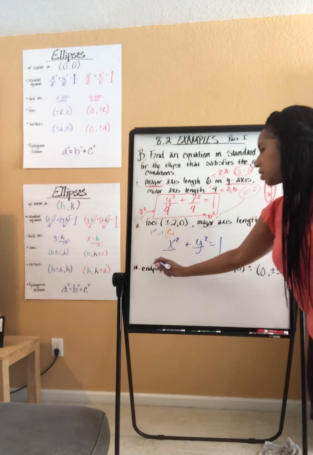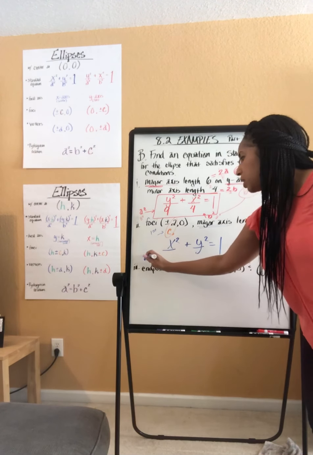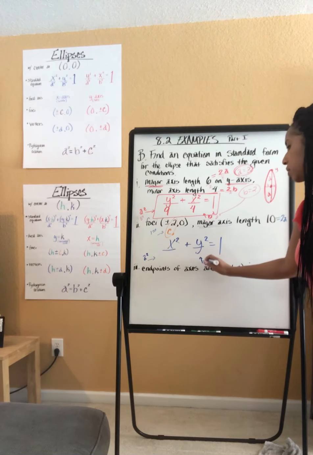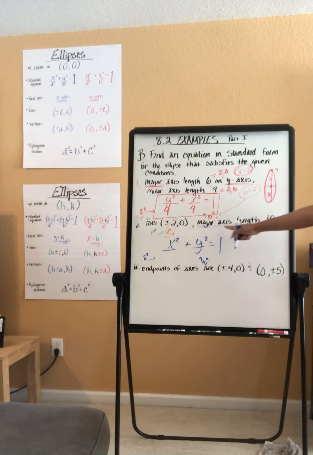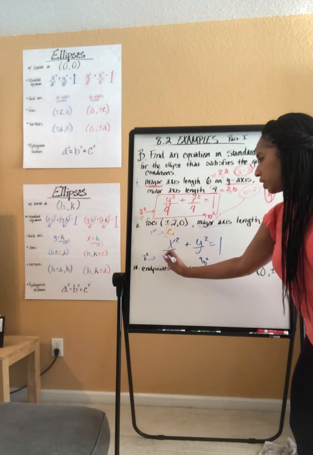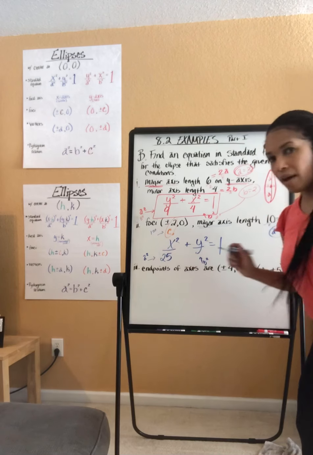And underneath is always supposed to be my a squared and then my b squared. Well, they gave me the major axis length was 10, so I know major goes with the a, that's 2 a's. That means that 1a is 5. And if a is 5, then a squared down here would be 25.